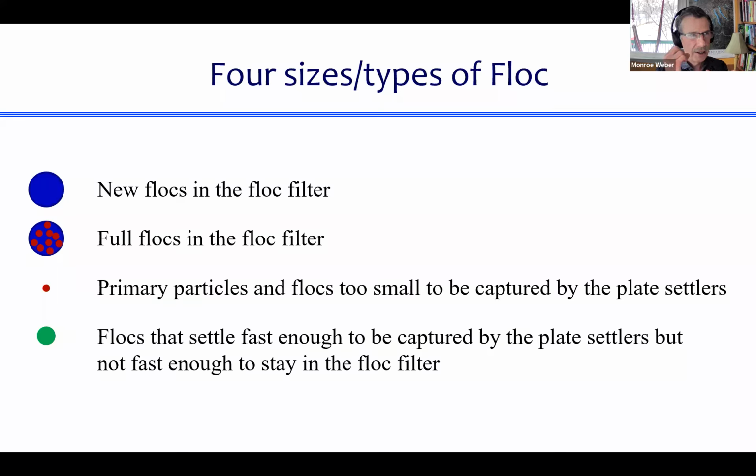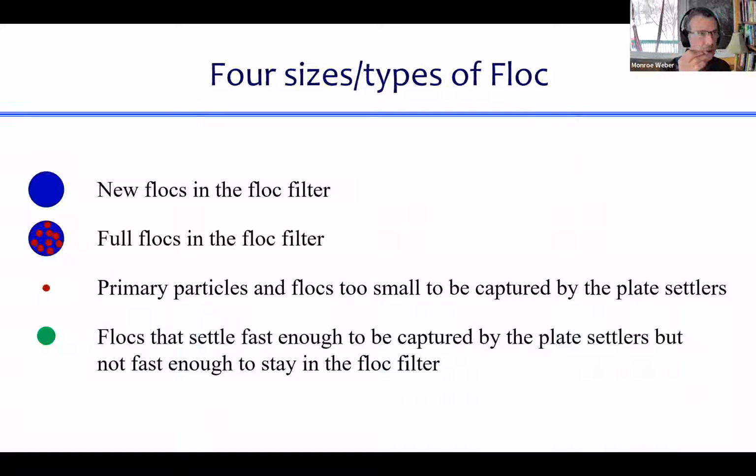And so there are 4 categories of flocs that I want to introduce you to. So the blue one is a new floc that is brand new, and it is just joining the floc filter. And I'll explain where it comes from in a little bit.